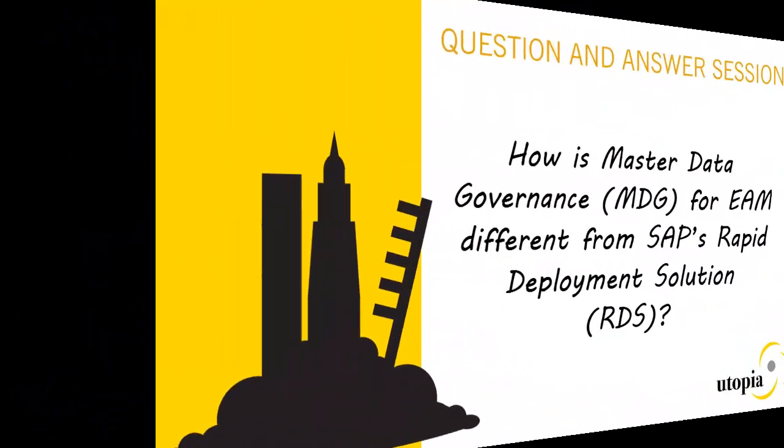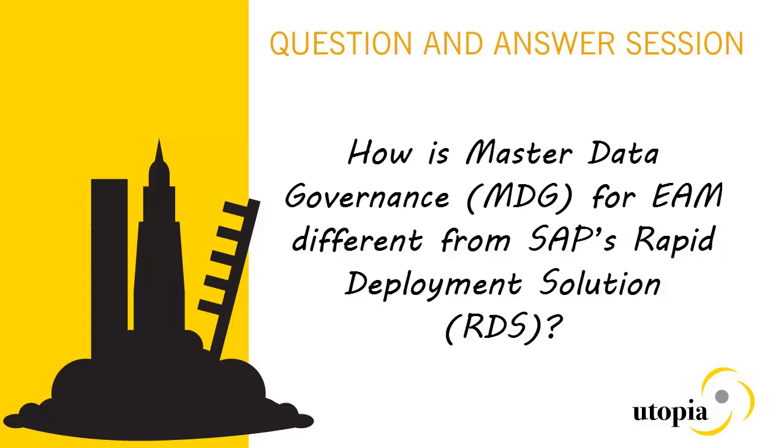The next question is, how is Master Data Governance for EAM different from SAP's Rapid Deployment solution? A rapid deployment solution is actually predefined content that specifically addresses a particular area. This solution is a product that is sold and supported by SAP.